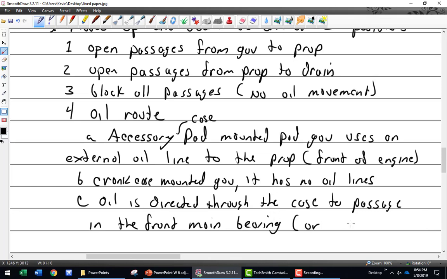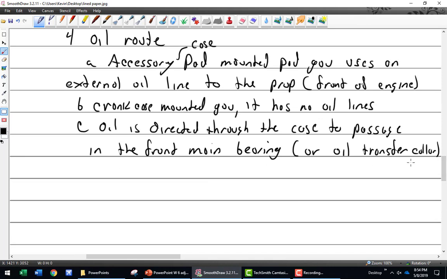I should put an oil transfer collar. The collar.